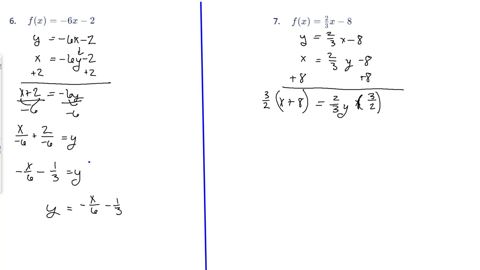As that 3/2 needs to multiply into both pieces. Those would cancel.